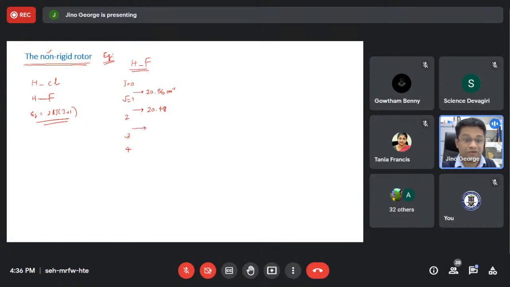And for 2 to 3, it goes on like this. You see that it becomes 20.43, and then this becomes 20.31 and so forth. So you see there is a slight discrepancy or change in the system. Okay, why this change?